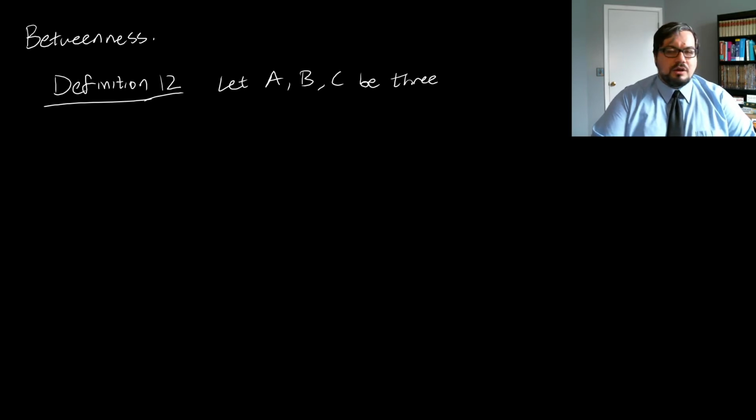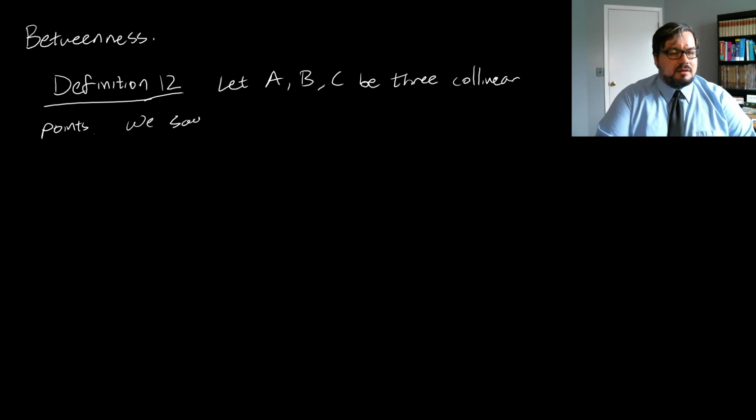So let's just start with the definition. Definition 12, let A, B, and C be three collinear points.